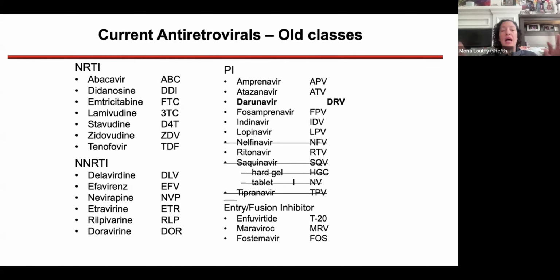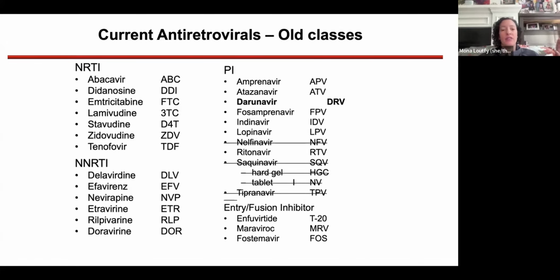And then some of the mutations that develop confer drug resistance just to the one drug. And then there's other mutations that develop that confer drug resistance to the whole class. Which pathway they go down, and why they do that, is interesting.